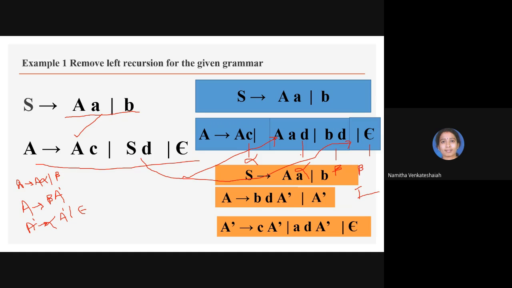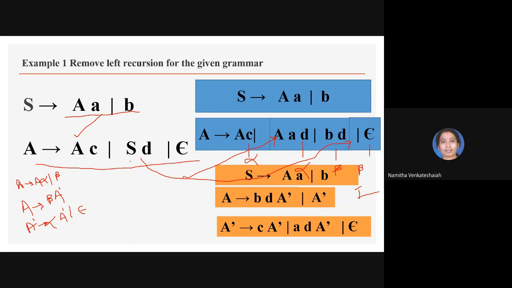I'll repeat. In your exam or internals, I will give a question like this. Remove left recursion for the given grammar. S produces AA or B, A produces AC or SD or epsilon. Then you should carefully look whether this is having left recursion. No, this is not having left recursion. Here left recursion is there.